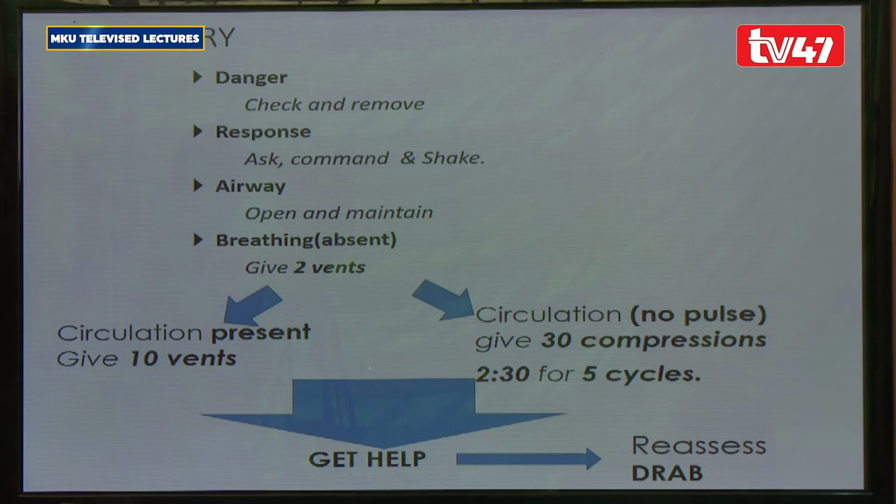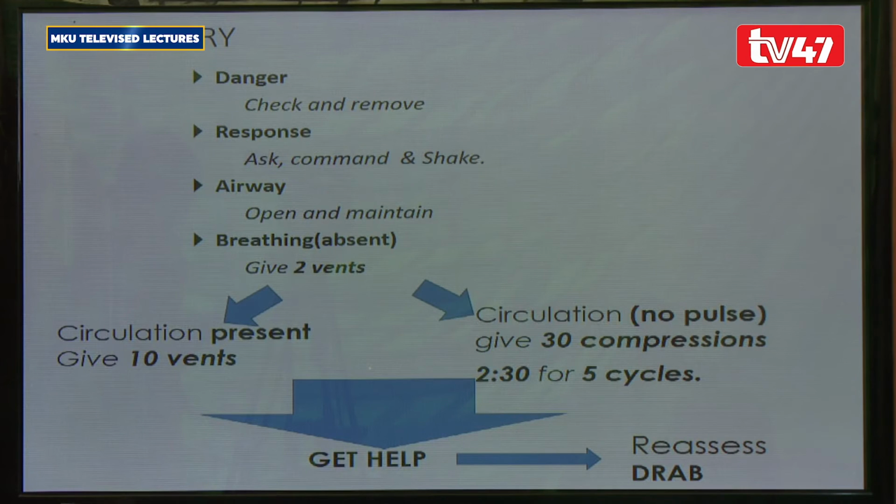Ask, command, and shake. Check for alertness, right? Verbal command. Are they able to respond to verbal command? Check for response to painful stimuli. Check or assess if they're totally unresponsive. Just the yes. Please always remember that.